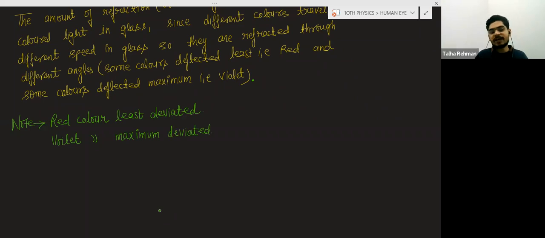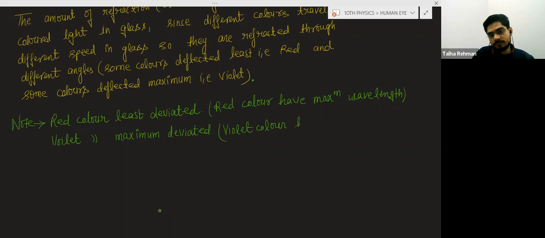So why is this happening? Because red color has maximum wavelength, so it suffers least refraction, and violet color has minimum wavelength.